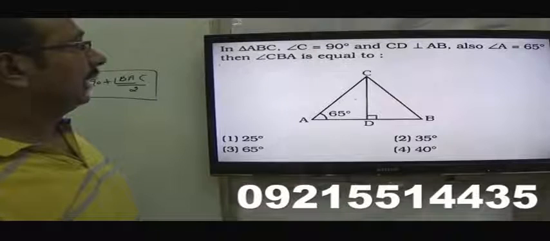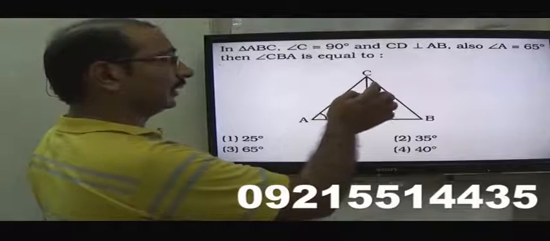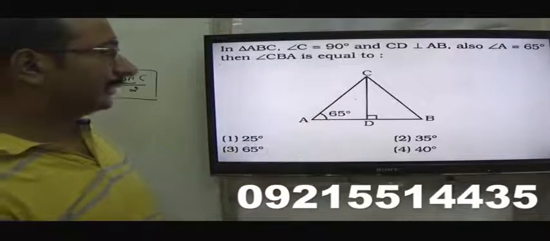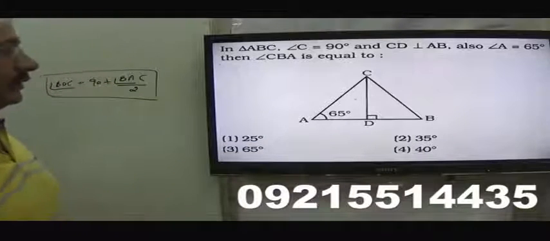And angle C is also given, equal to 90 degrees. That's a very simple thing. Angle C is 90, so 90 plus 65 is 155, and that angle must be equal to 25 degrees. First is my answer.